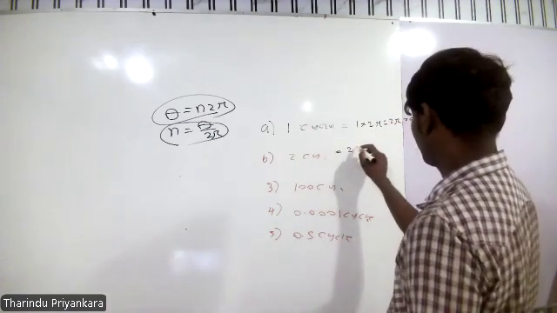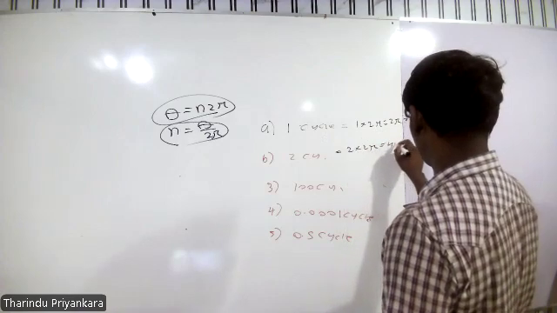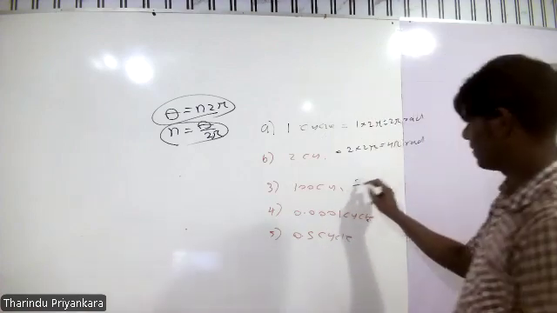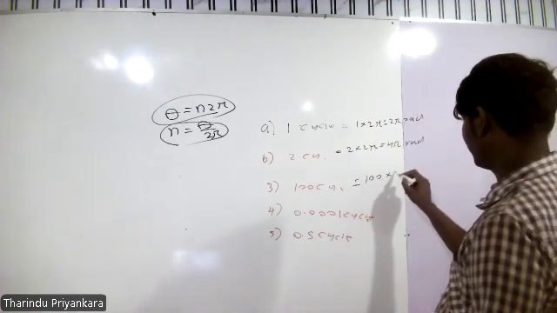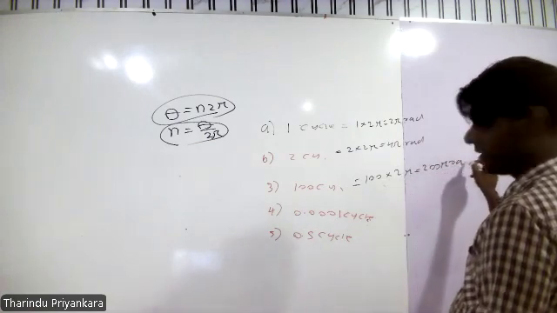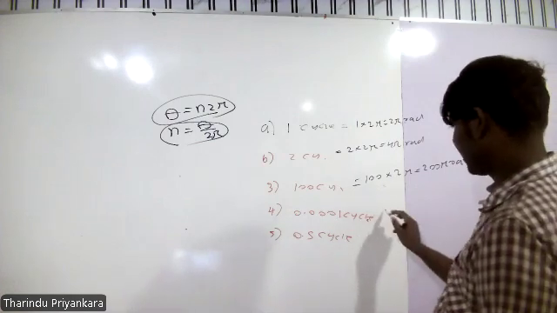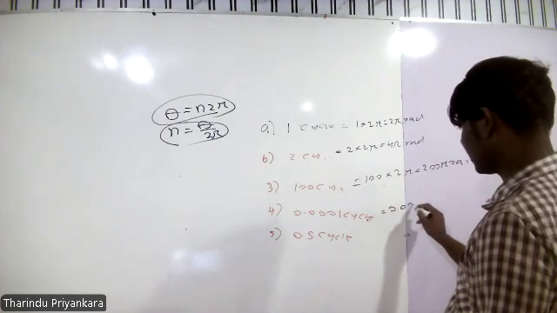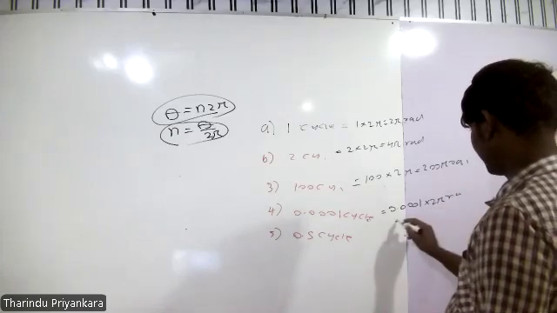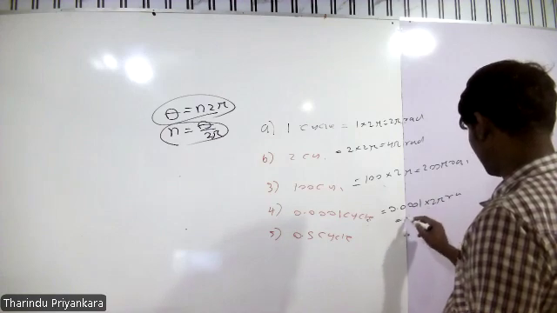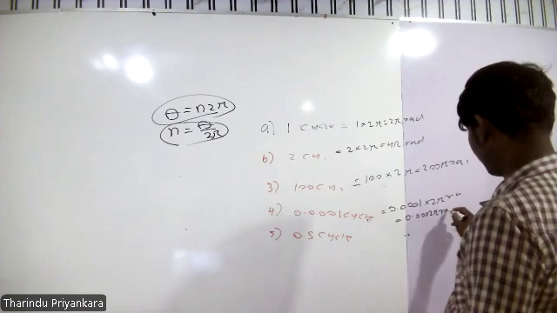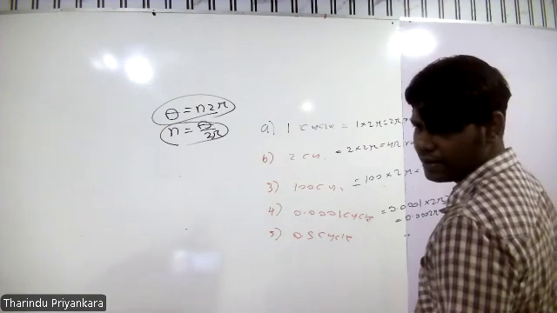Here 2 into 2 pi, 4 pi radian. Here 100 into 2 pi equals 200 pi radian. Here it is 0.0001 into 2 pi radian. It is like 0.0002 pi radian. Okay.